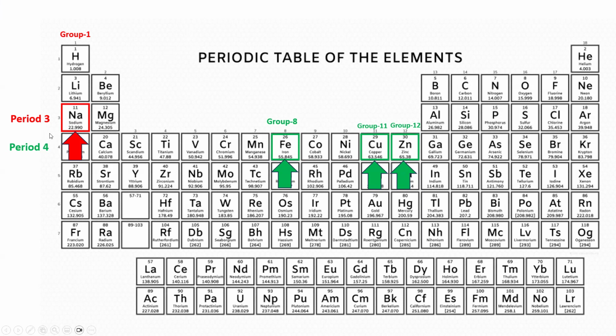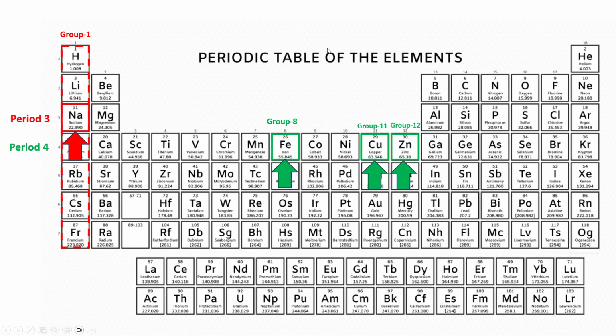Now, looking into the period and group, maybe sodium is a bit different, but the other three metals can be a bit closer to each other because they belong to the same period, and in a period, properties change in a certain sequence, in a certain order, following a particular trend.